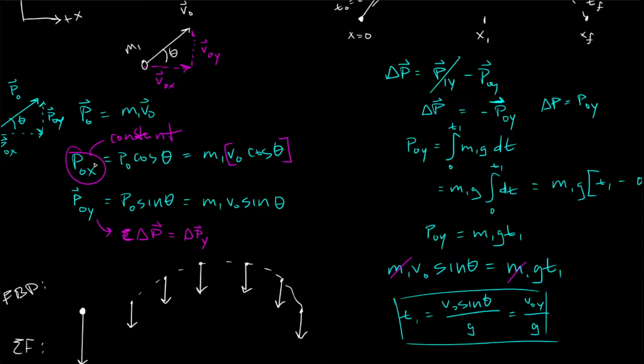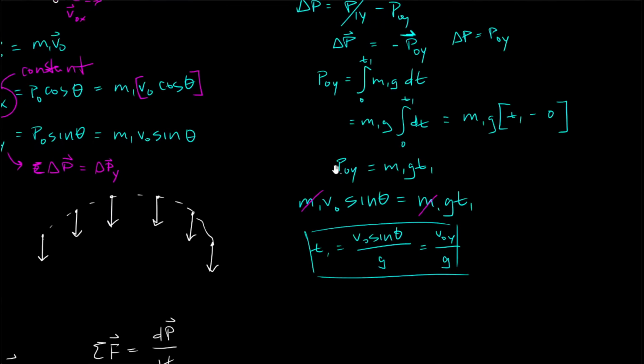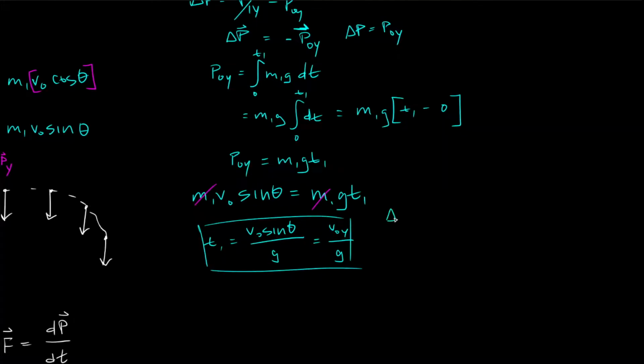Because our horizontal momentum is constant, our horizontal velocity, which is this term, is constant because m is also constant. So we can say that delta x, using kinematics, equals v t, or x1 equals v naught x t1.